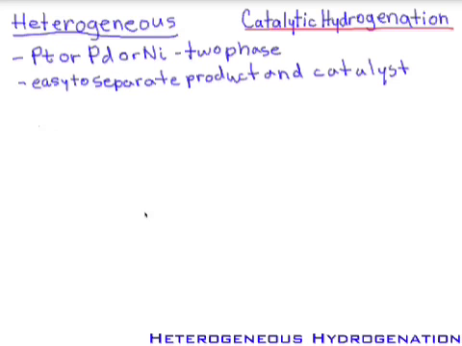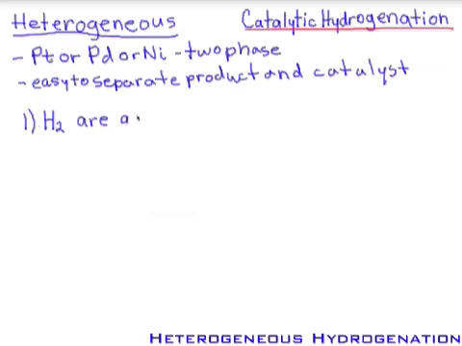Let's consider hydrogenation. What happens when platinum or palladium or nickel is in the presence of hydrogen? In the first case, the H2 molecules are adsorbed on the metal surface.